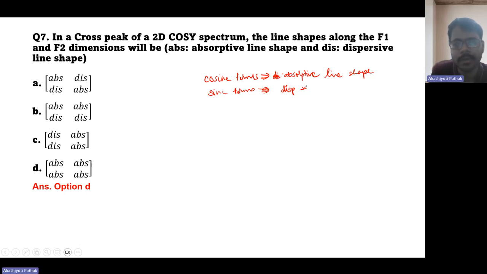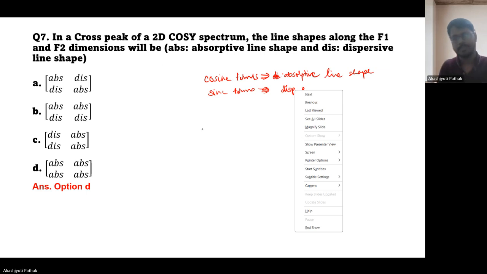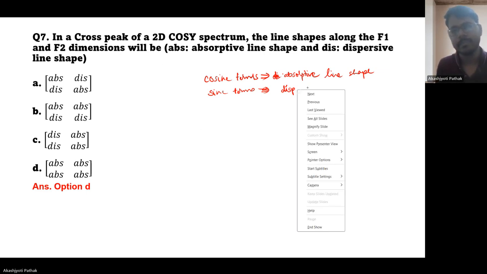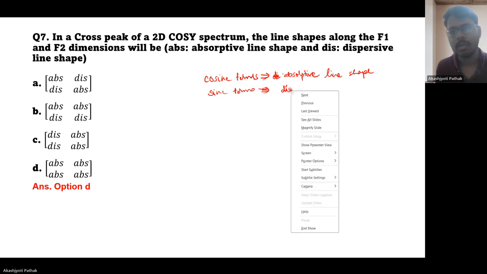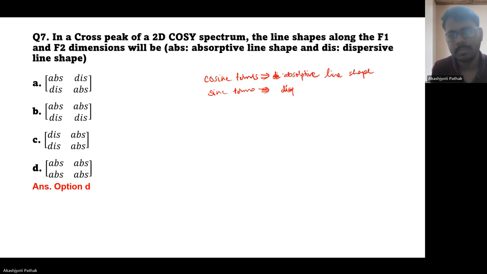So the correct answer is option D. All the terms are cosine terms, so all will have this absorptive line shape.